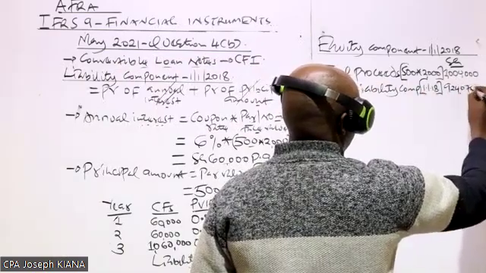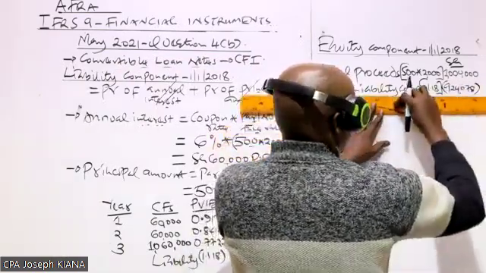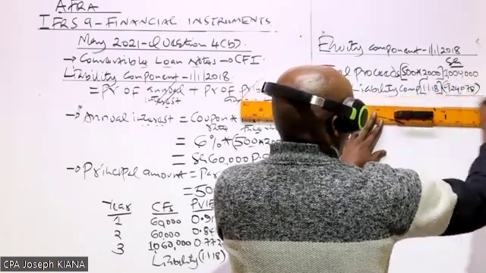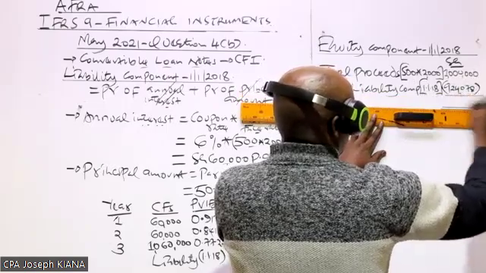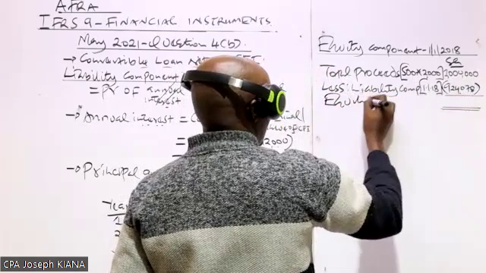So that one we less it here, and whatever you get here is now the equity component.